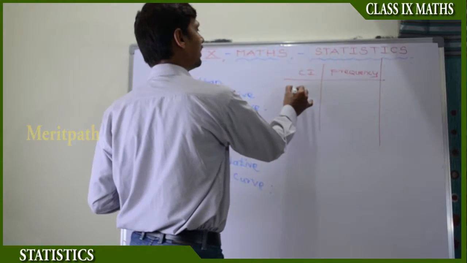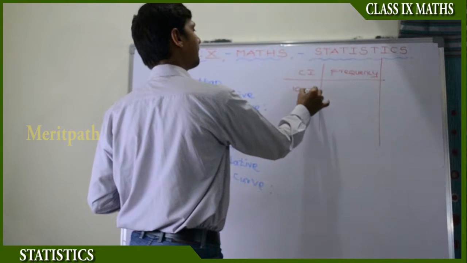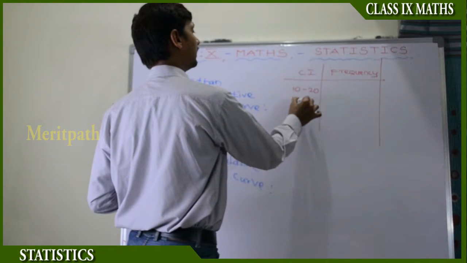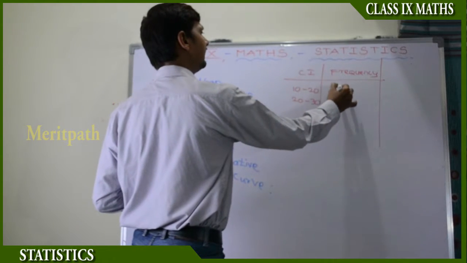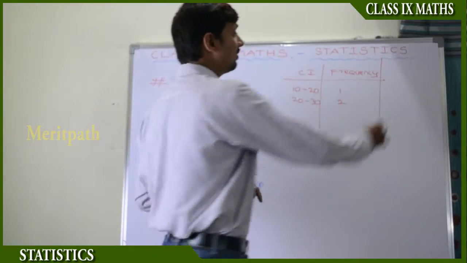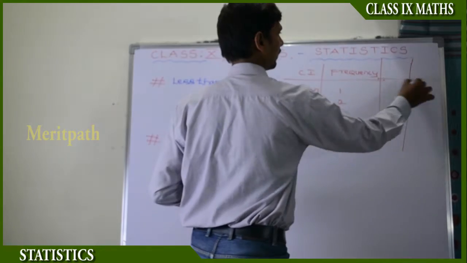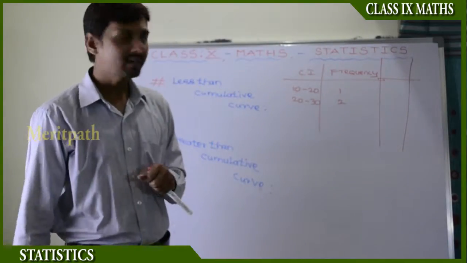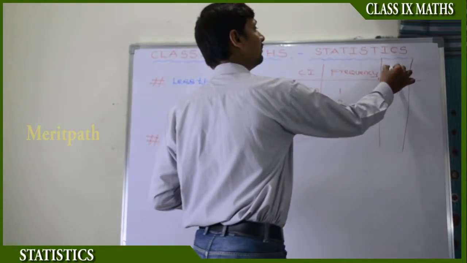For example, if this is 10 to 20 and 20 to 30, the frequencies are 1 and 2, for example, and then here we will find the upper boundaries.